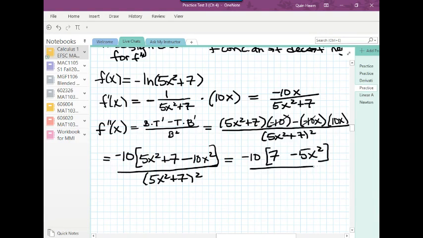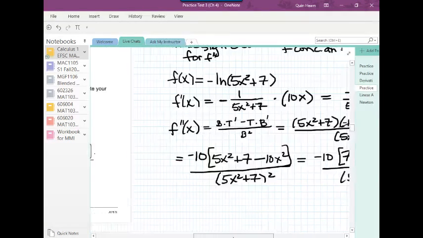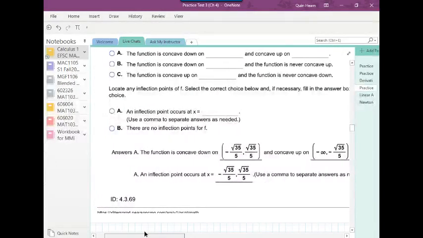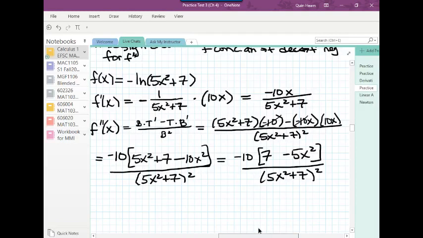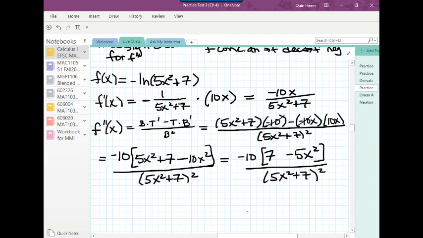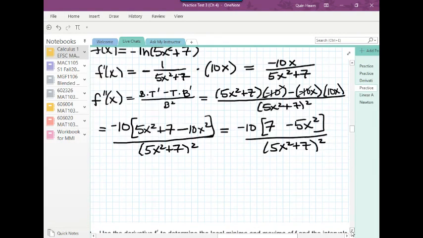Okay, so let's clean this up a little bit before we try to set up a sign chart for f double prime. Oops. All right, so let's see. I'm going to factor out a 10. Is that all I can factor out? Yeah, I can factor out a 10 from the top. Actually, let's just make it a negative 10. That'll be easier to look at, I think. All right, so we're going to take out that negative 10 and that negative 10.